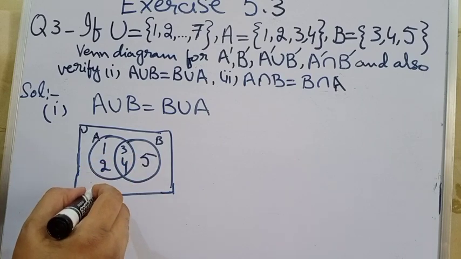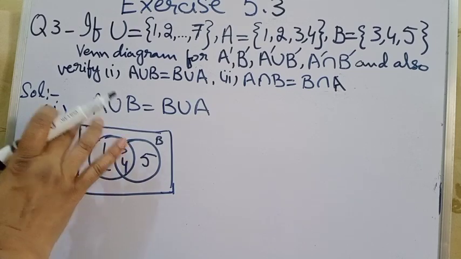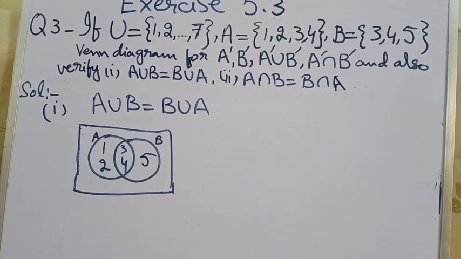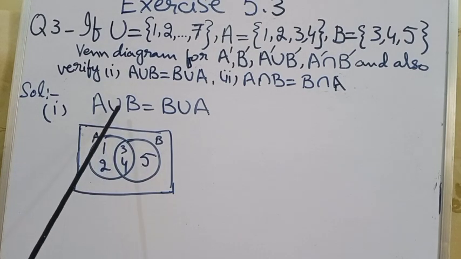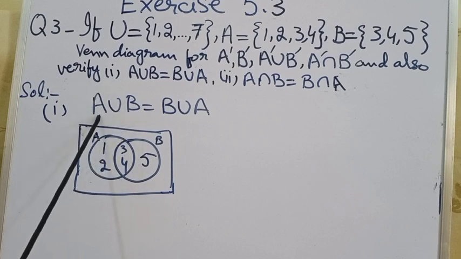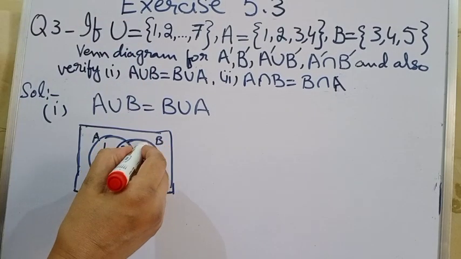We have no need to show the elements of the universal set here because they have no part in this commutative property. A union B means all elements of set A with all elements of set B, occurring only once. So we color them.